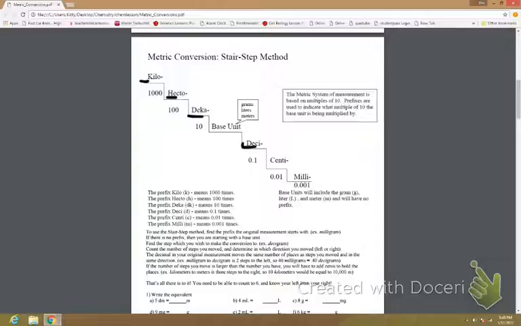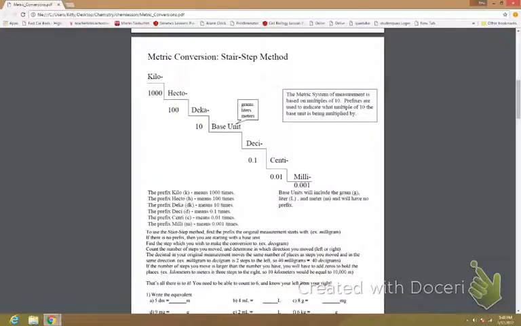So kilo is 1,000, hecto is 100, deca is 10, deci is 0.1, centi is 0.01, and milli is 0.001. So milli is a thousandth, centi is a hundredth, and deci is a tenth. It's meaning the same thing as the deca, the hecto, and the kilo, just going the opposite way. So it's getting smaller as opposed to larger.